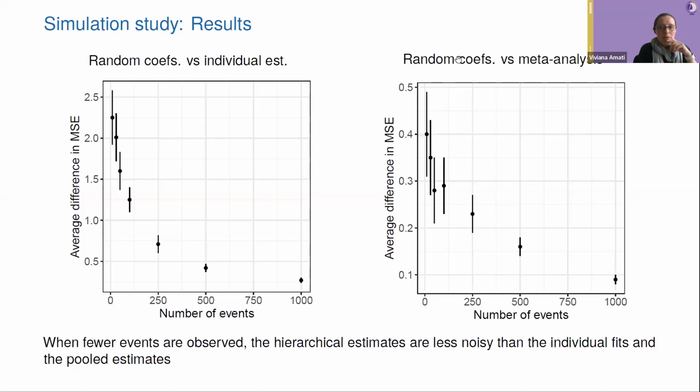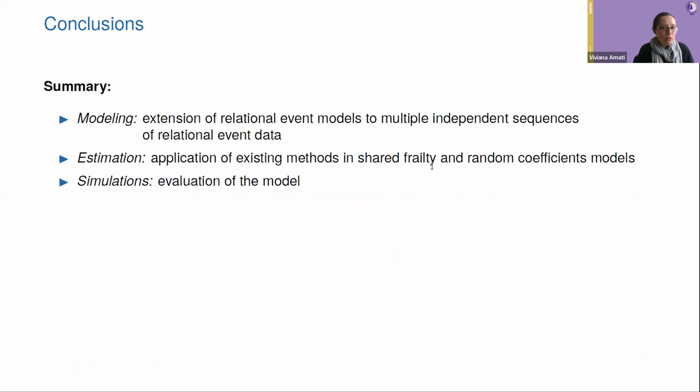And similarly, when we compare the random coefficient and the meta-analysis. Here, the difference between the mean square error is reduced already when we use meta-analysis compared to the individual estimate, but this noise remains. So to conclude, what we have shown is that we can extend the relational event model by including random coefficients.